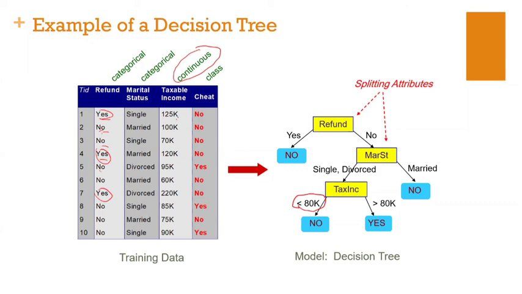However, for the case of numbers, you have to select a particular range. So here they are saying less than or equal to 80K or greater than 80K, because this is the only way you can group people together. This is the idea of discretization. When you have continuous numbers for people, this is taxable income: 125K, 100K, 70K, and a host of others.